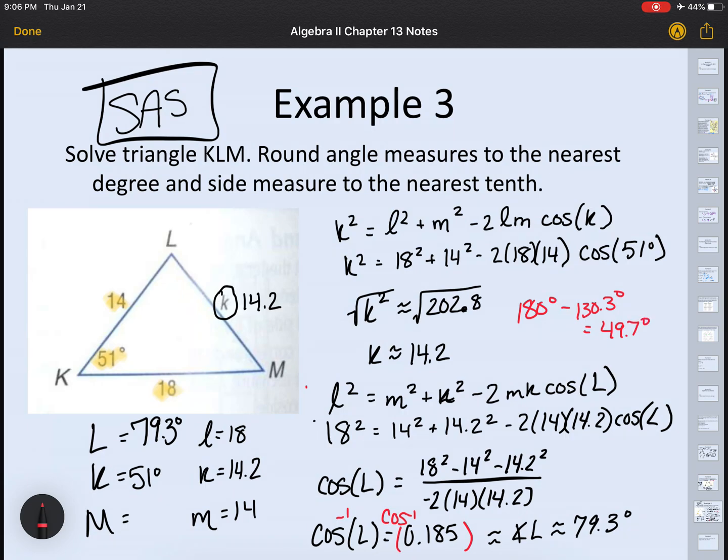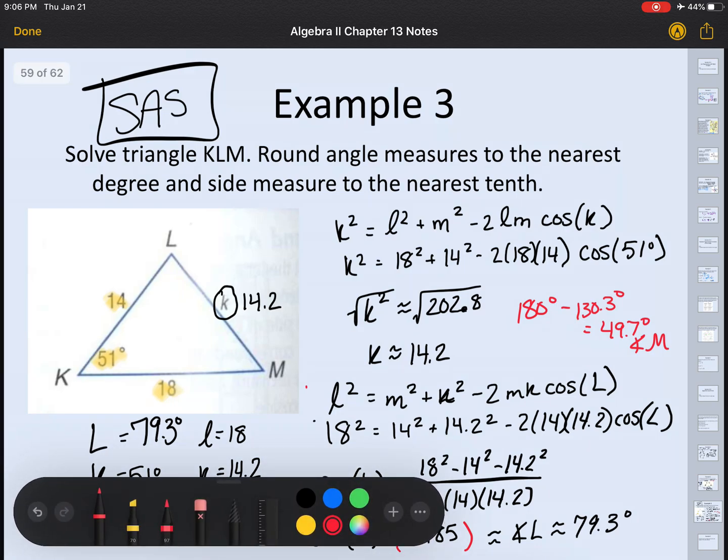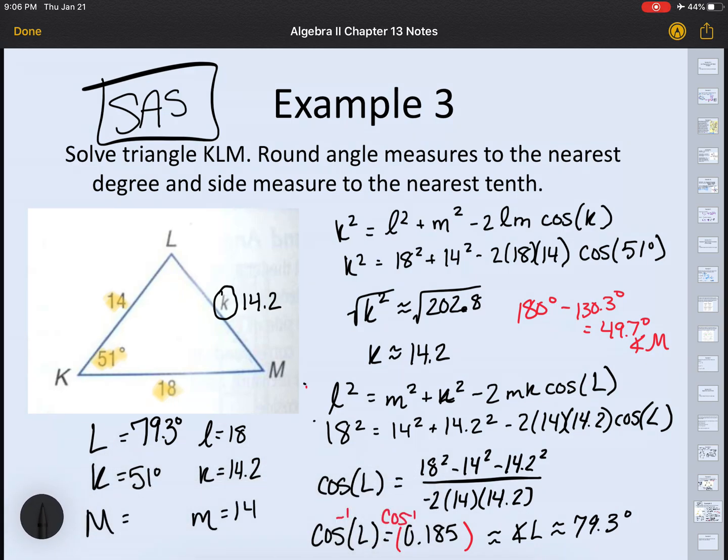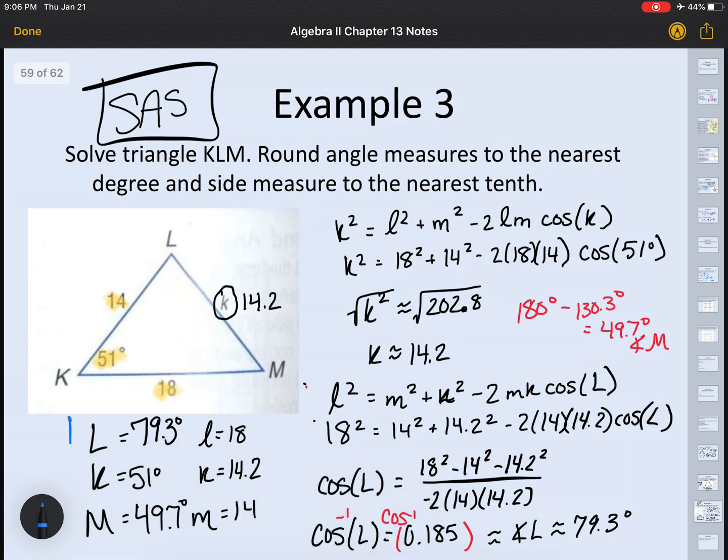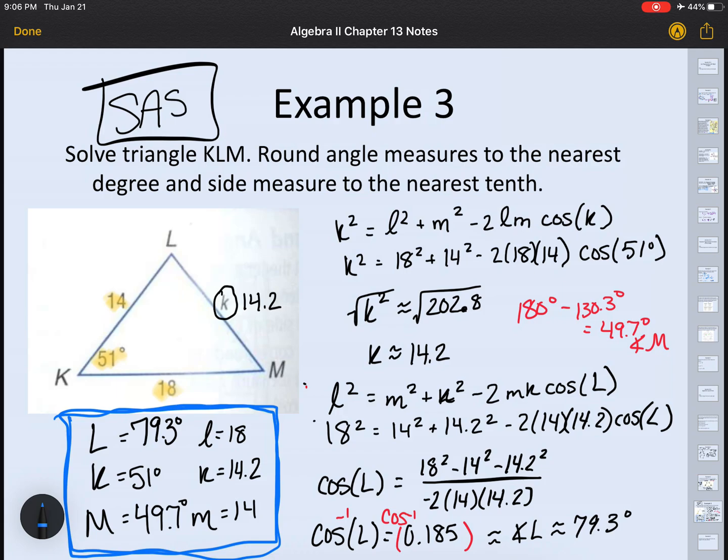And that's equal to angle M. So 49.7 degrees. And now we have solved the whole triangle. We now know all three angles and all three side lengths of that triangle.